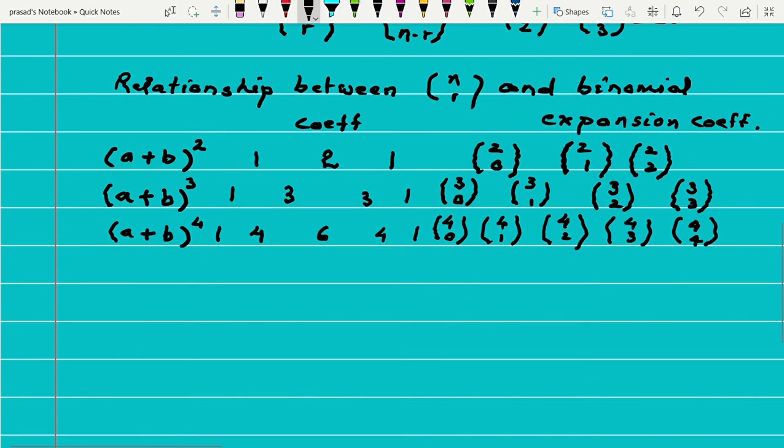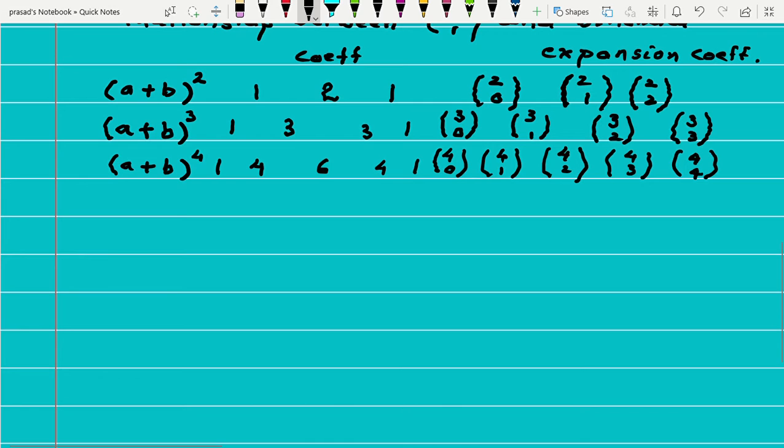So take the expansion of a plus b to power 4. In this, the first coefficient will be 4C0. In the first term, a will have the full power, a to power 4. Then the next coefficient will be 4C1. I will reduce a's power by 1, so I will make it a cube. Introduce b here. Then next 4C2.